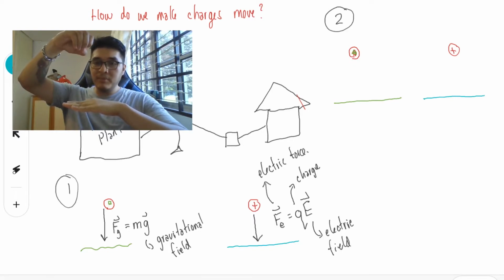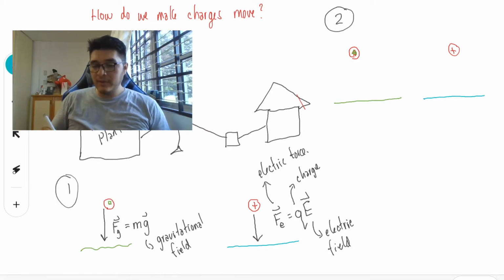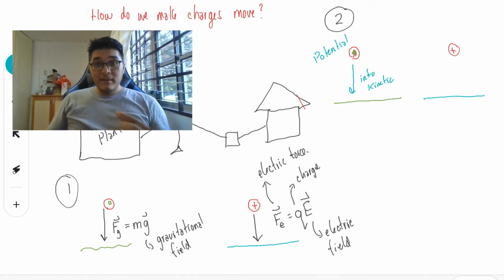And what happens with that potential energy? It gets converted into kinetic. Good. So this is the best part about electricity, because we took so much time to understand the difficult idea for apples and tomatoes.